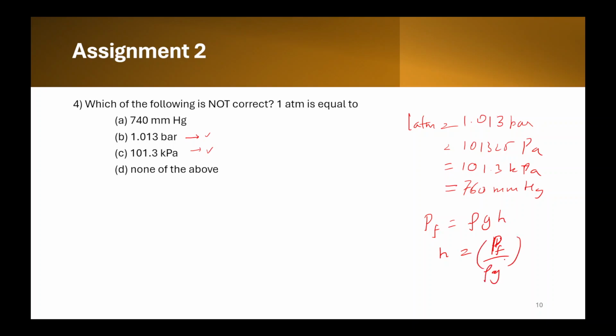This is called pressure head, another way to express pressure of a fluid. So 1 atm, one atmospheric pressure, is 760 mm of Hg, not 740. So this is the correct answer.